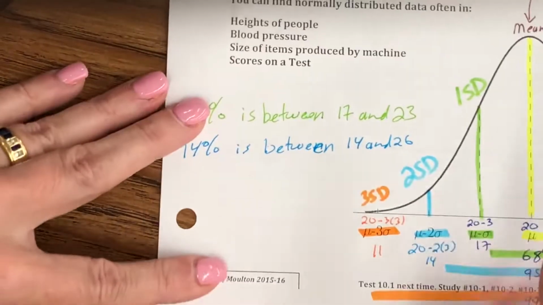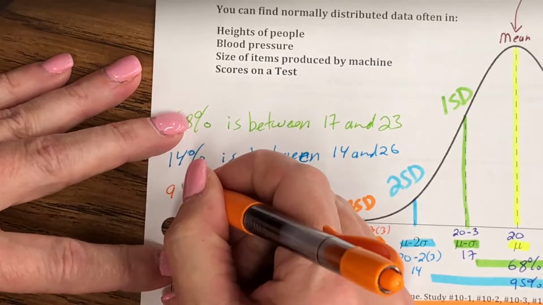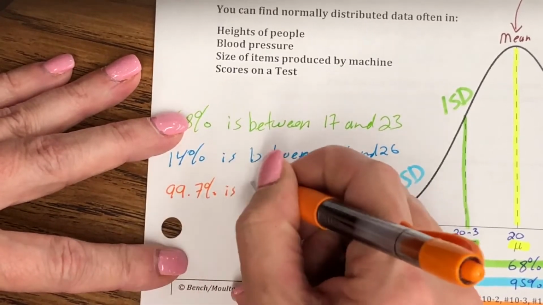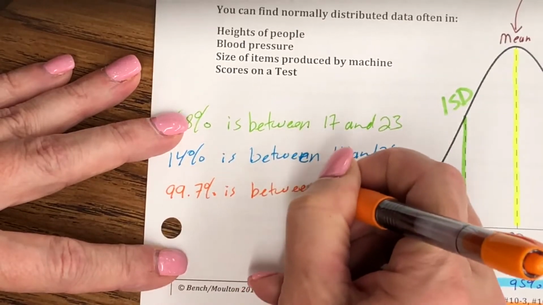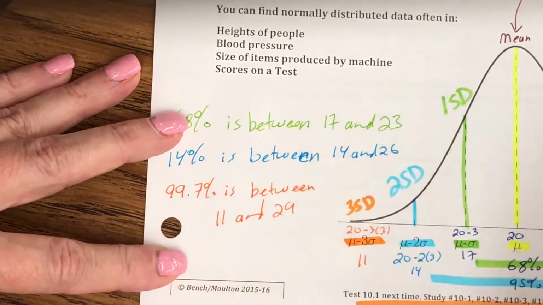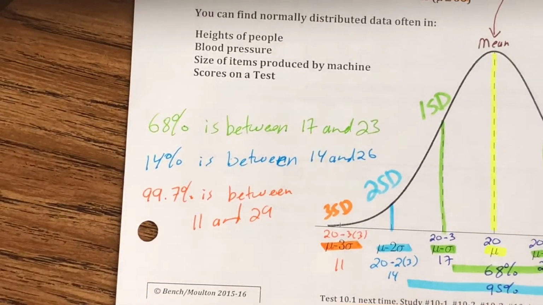So now I know that 99.7% of the data is between 11 and 29. So almost all the data, with the exception of a few, is going to be between 11 and 29. Okay, so it's just the spread. How are we spreading things out?